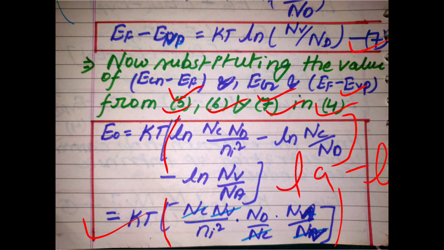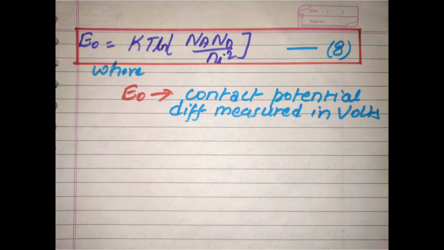Here NC and NV are cancelled, so only NA into ND remains. So this is the expression for E naught, the contact potential: E naught is equal to KT ln of NA into ND upon NI square, where the contact potential difference is measured in volts. So the value of E naught will be measured in volts.